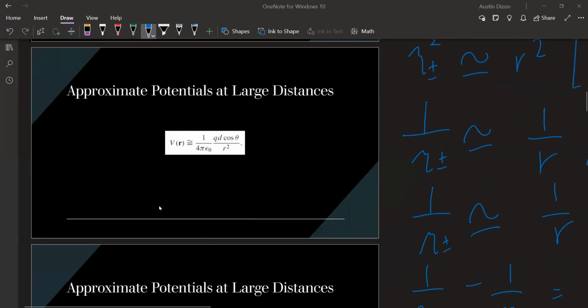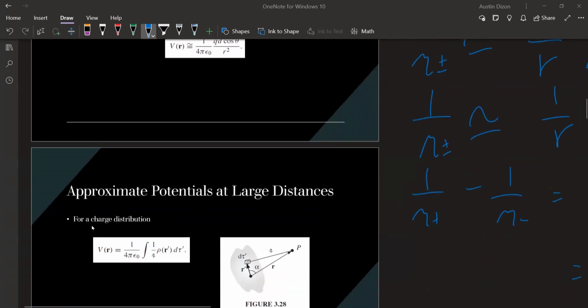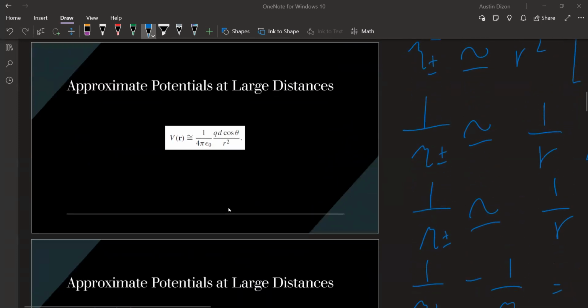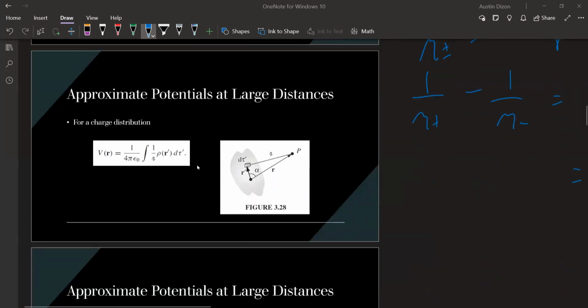Okay, syempre, merong mga problema natin in life mas komplikado. Okay. So for a charge distribution, so distribution of charges yung hahanapin natin. Okay? So the general form of the potential, alam natin to from chapter 2, di ba? Chapter 2, ito yung general form of the equation for the potential.